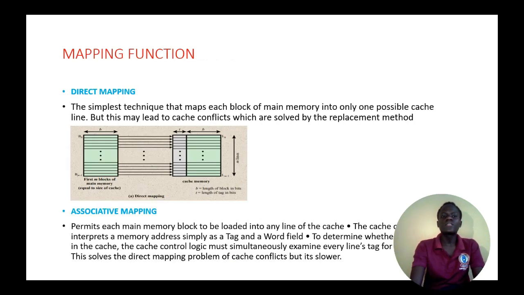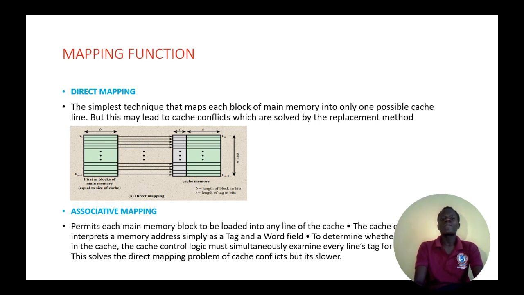If we move on to the mapping functions of the cache memory, we have three: direct mapping, associative mapping, and set associative mapping. Let us first do direct mapping. Direct mapping is a simple technique that maps each block of main memory into only one possible cache line.